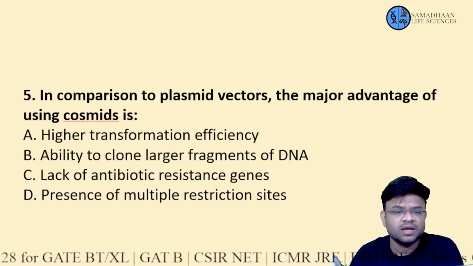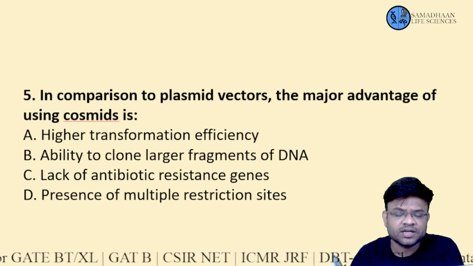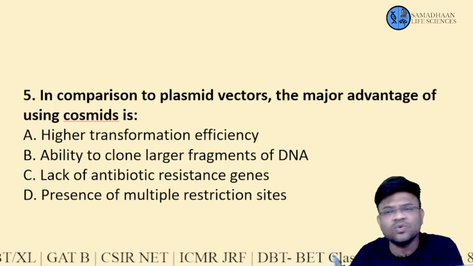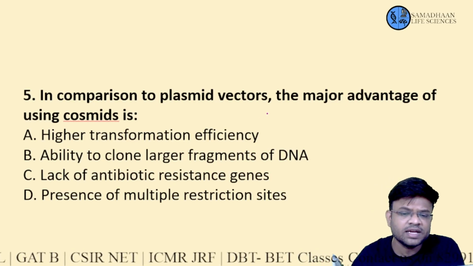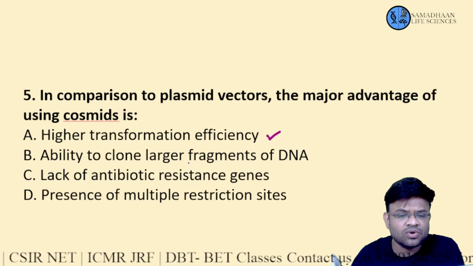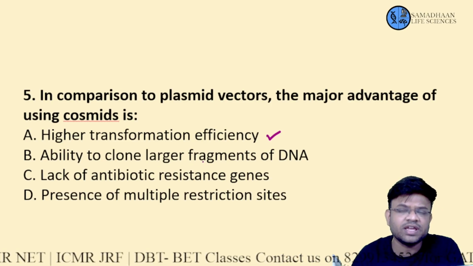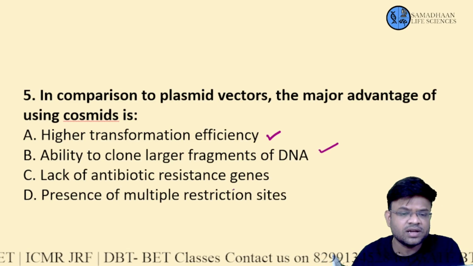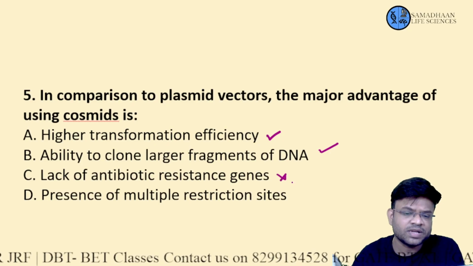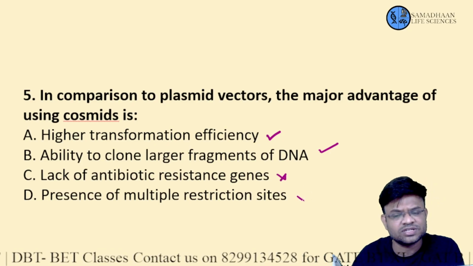Now, in comparison to plasmid vectors, the major advantage of using cosmid is, why do you want to use cosmid vector? Higher transformation efficiency, this is correct. Ability to clone larger fragments of DNA, this is also correct. Lack of antibiotic resistance gene, no, this is wrong. Presence of multiple restriction sites, no, this is also wrong.